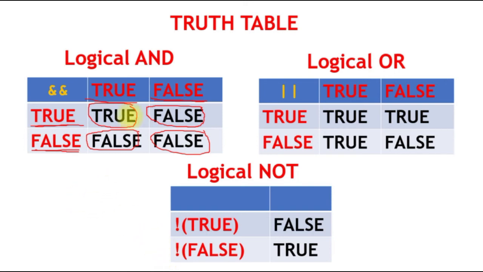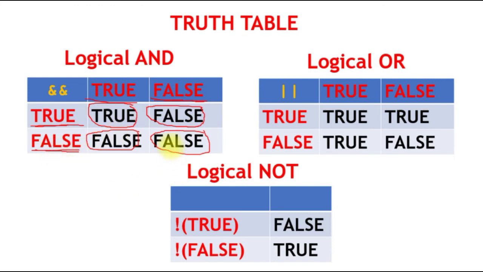Next, true and false. So, 1 times 0. The answer is 0 kasi nga any number multiplied by 0 is always 0. Next is false and true or 0 times 1. The answer is 0 or false.